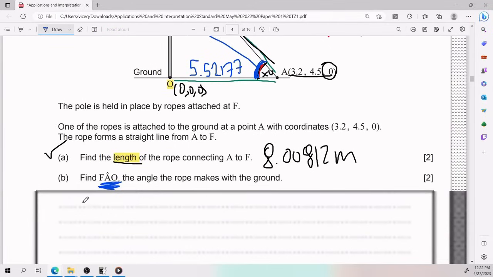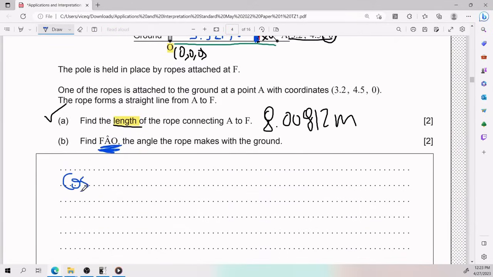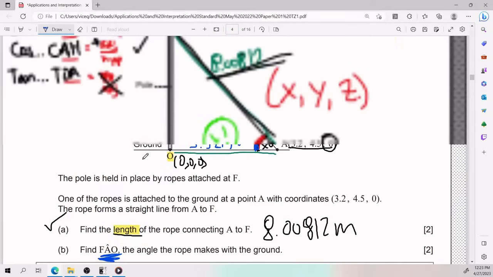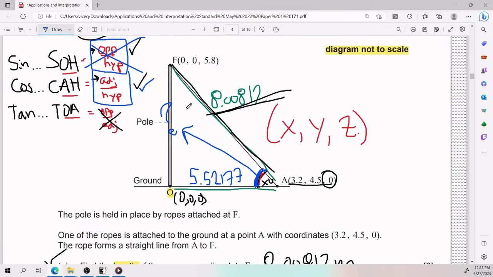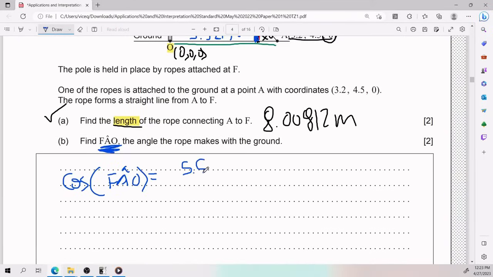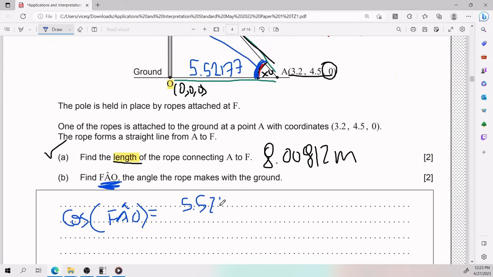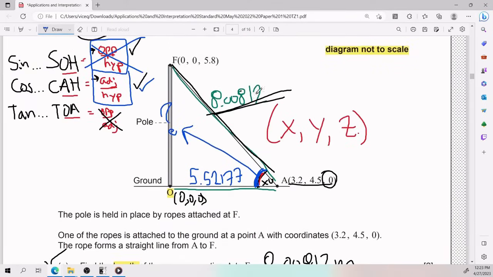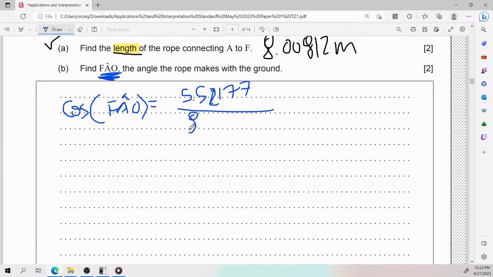So cosine of FAO equals my adjacent, which was 5.52177, divided by my hypotenuse, which was 8.00812.